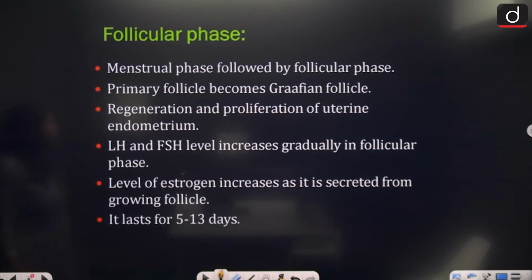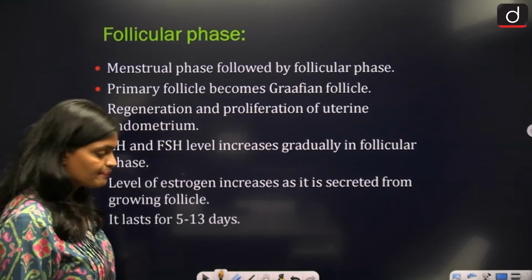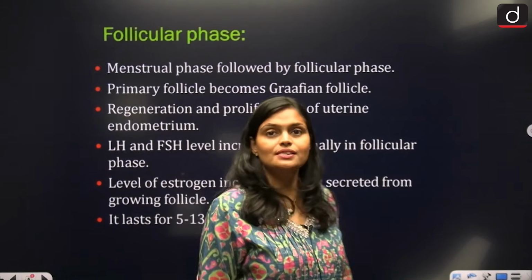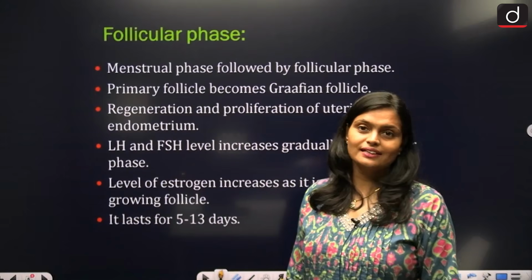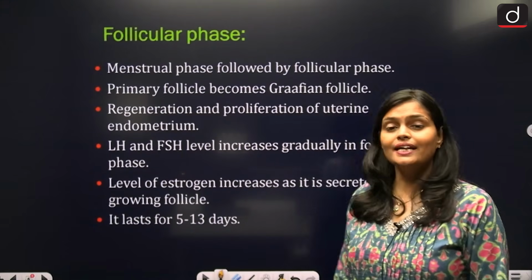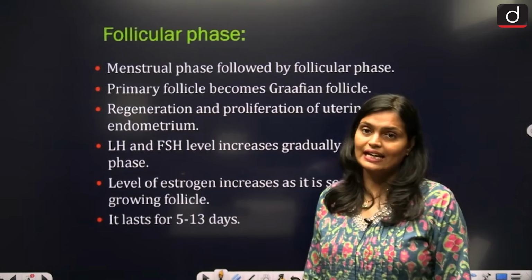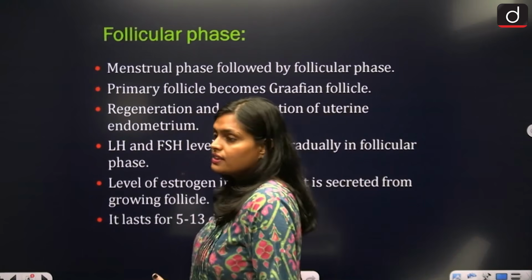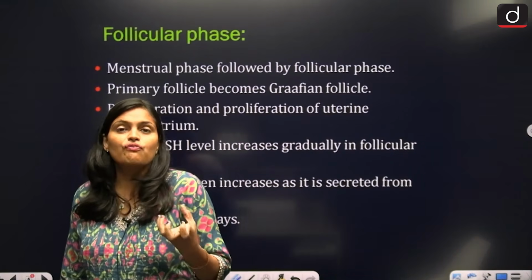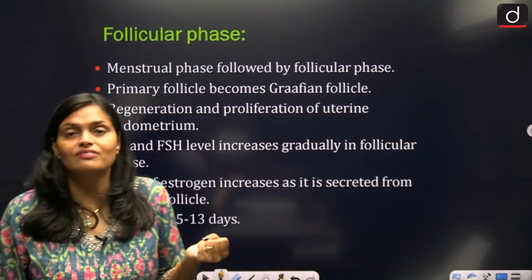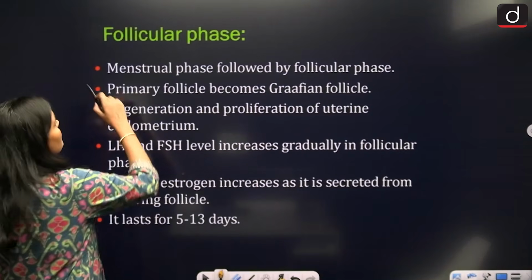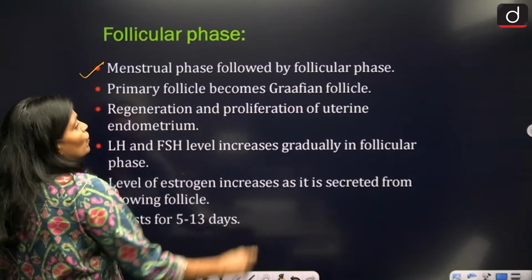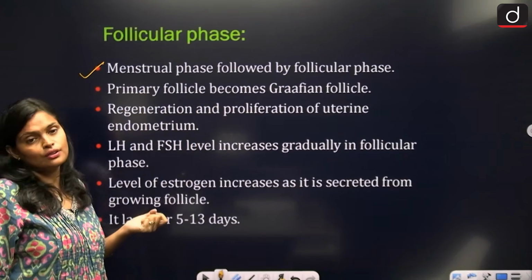Then the follicular phase. Now what is the follicular phase, basically, guys? It is the second phase of the menstrual cycle. During this phase, the development of follicles starts. So the menstrual phase is followed by the follicular phase.